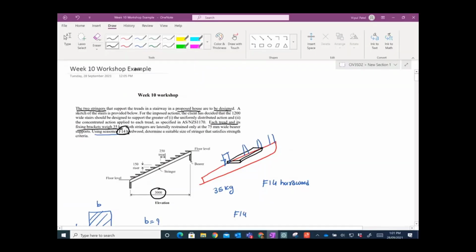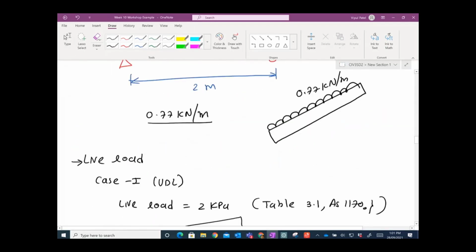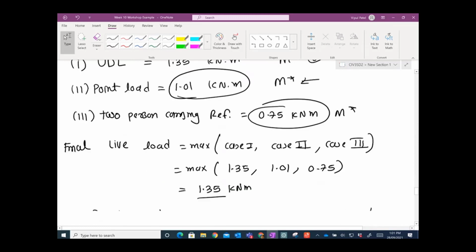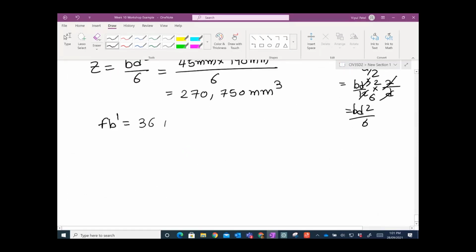So that is given to me, that FB dash is 36 megapascals or Newton per meter square. That is coming from table number 2.1, AS only, no New Zealand, 1720.1, because we have F14 grade.